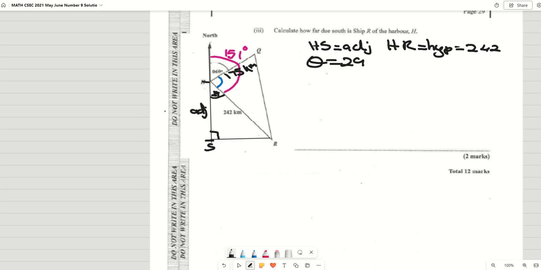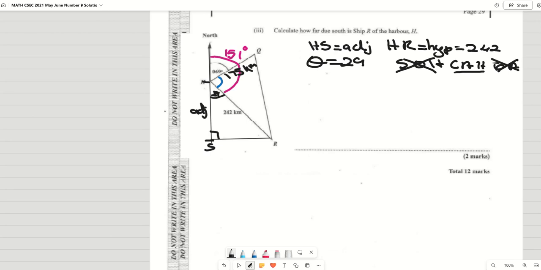So which one are we going to use? Are we going to use sine? No, because we don't have opposite. Are we going to use cos? We have adjacent and hypotenuse. Yes. Can we use tan? No, we don't have opposite.